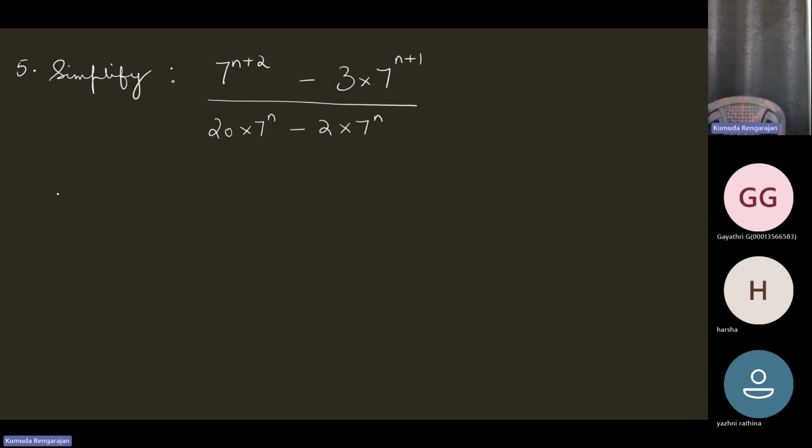Only for an equation you can find the value of n. In an expression, you can only simplify.